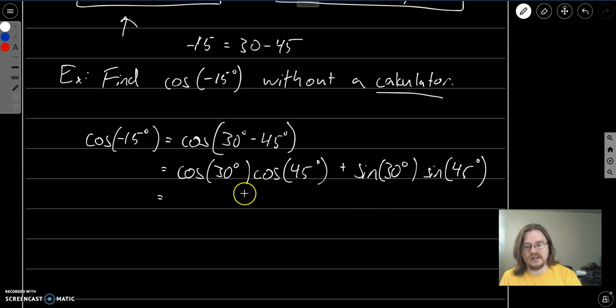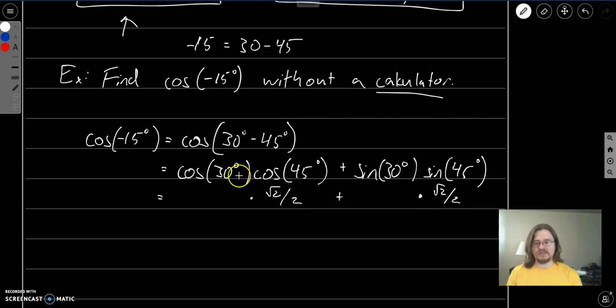Right away, 45-degree angles are my favorite. These are the ones that I remember the easiest. So the cosine and the sine of 45-degree angles are always just root 2 over 2. So it's going to be times root 2 over 2. So all I have to do now is remember the cosine of a 30-degree angle and the sine of a 30-degree angle. And again, sines of 30-degree angles are the ones that I remember first.